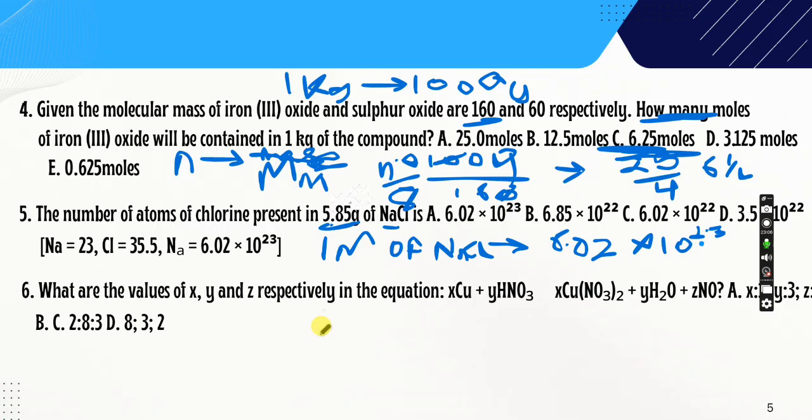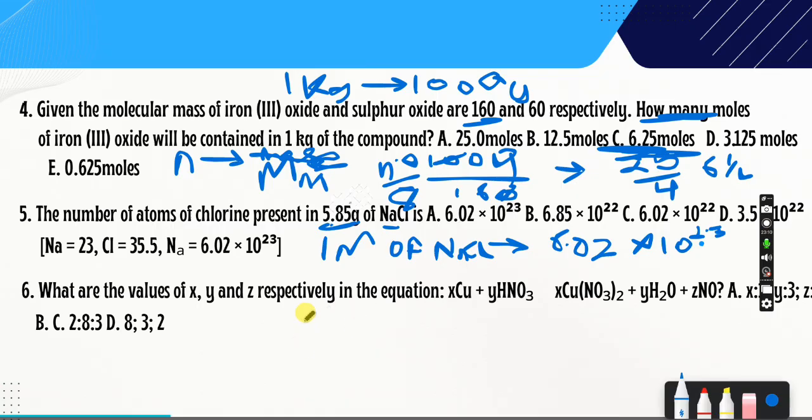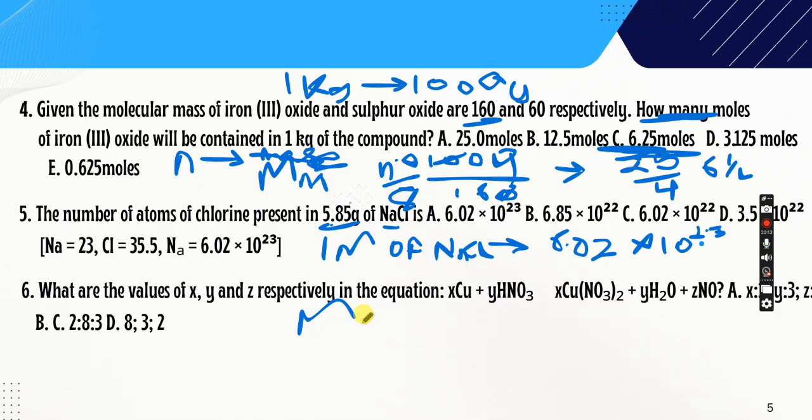The first thing is to find the molar mass of sodium chloride. The molar mass of sodium chloride will be 23 plus 35.5, right?